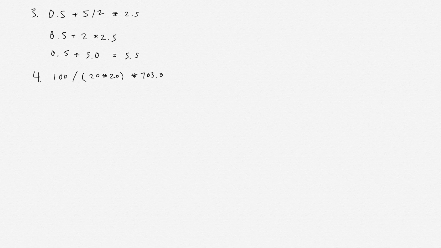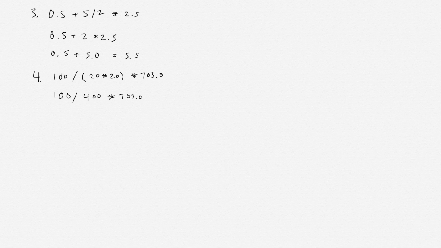So over here, we have 20 times 20, right? And this is within our parentheses, so we evaluate this first. So we get 100 divided by 400 times 703.0.